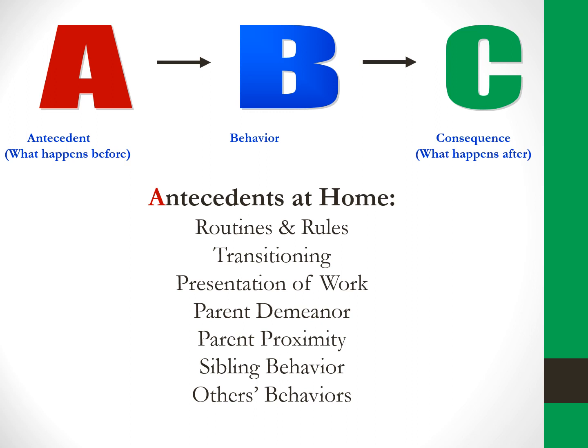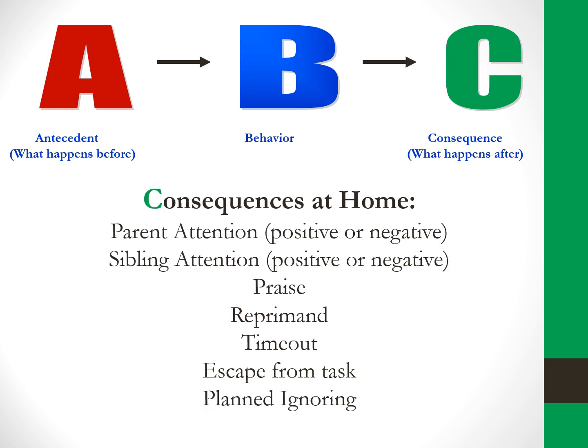Sibling behavior. I was an older sibling. I actually have a sister on the spectrum, right? And we definitely found ways to get reactions from one another. So is a sibling potentially doing something that could be serving as a trigger for behavior? Or just anybody else, right? Maybe somebody in the store gets too close and that sensory overload is a trigger. So these are some things to watch out for.